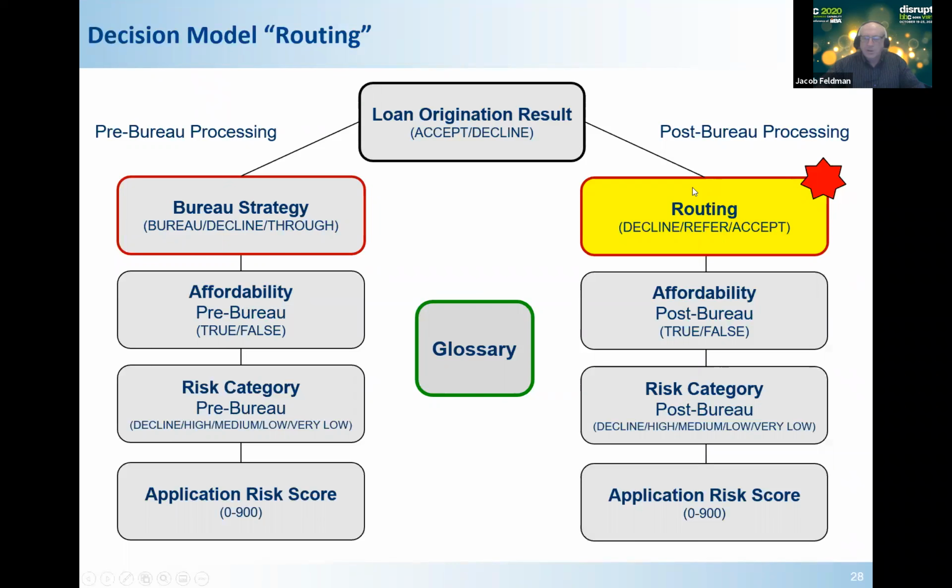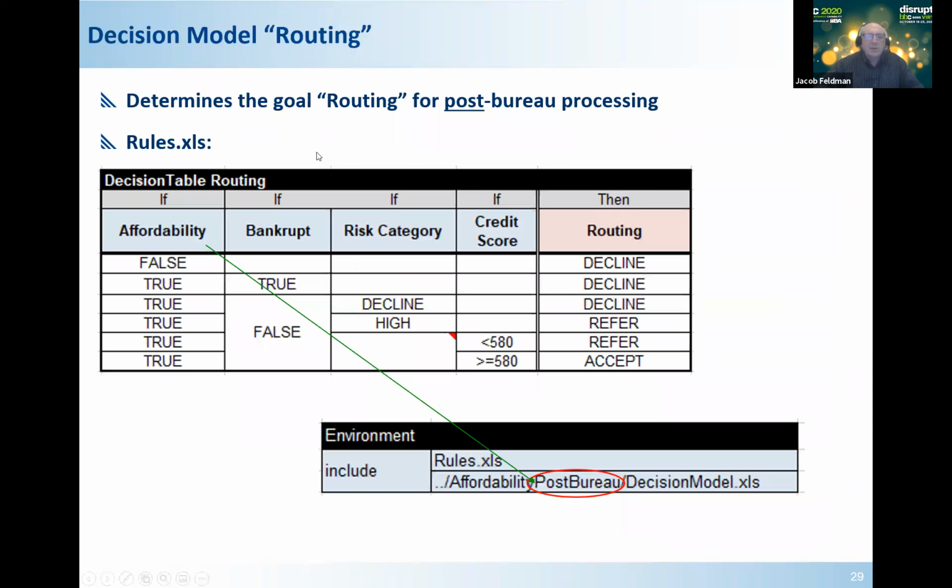It's time to define routing. And when I go to routing, it's very similar to bureau strategy. DMN gives us this table for defining routing, and you can see routing using credit score from bureau data. When we define this table, we can just use the environment table and refer to affordability, but with post-bureau, not with pre-bureau as we used for bureau strategy.